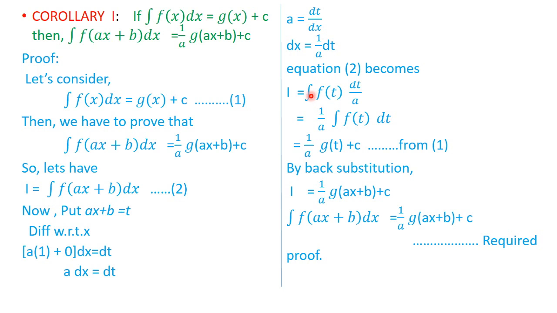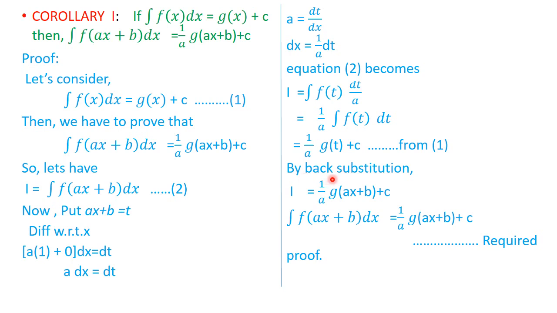I is equal to integration of f of t into dt by a. 1 by a is constant, taking it outside the integral, inside the integral f of t dt, from equation 1 is equal to g of t plus c. Therefore, again, we want to replace this t to obtain our required result. But what is this t? t is equal to ax plus b.